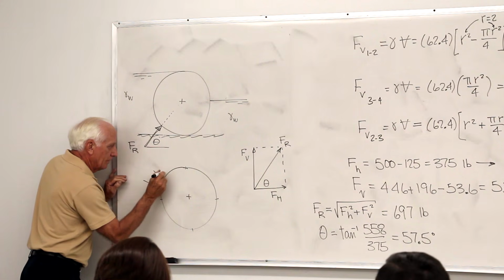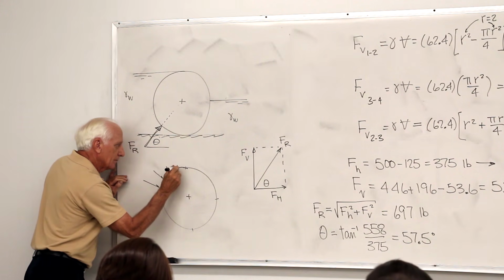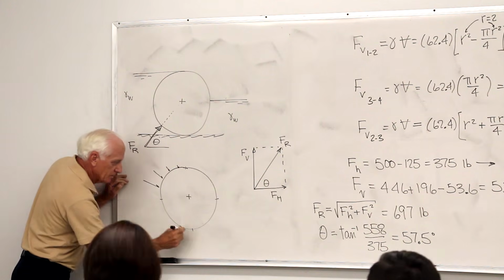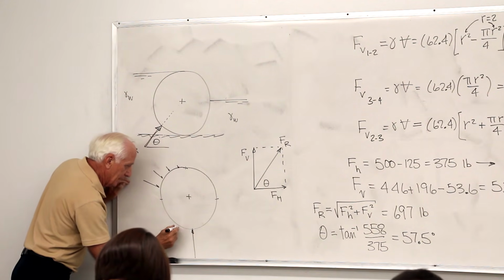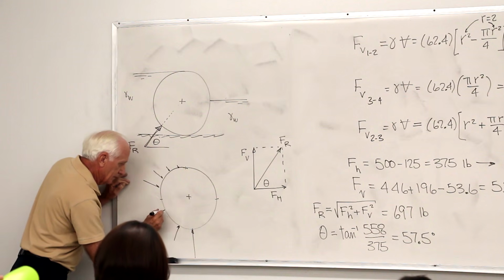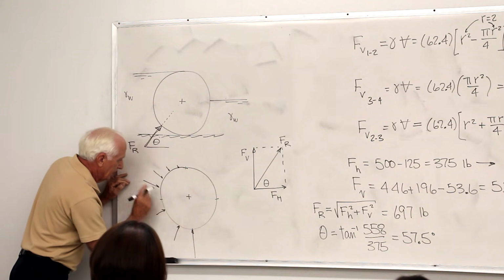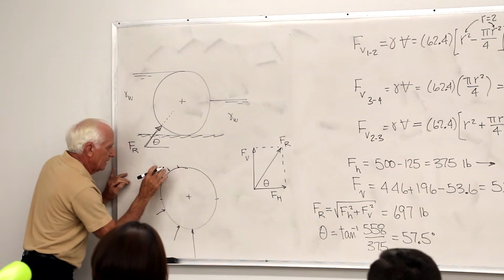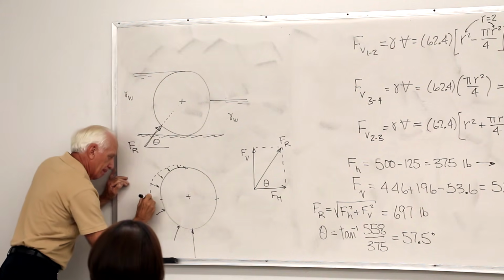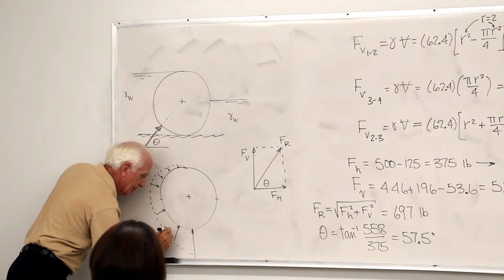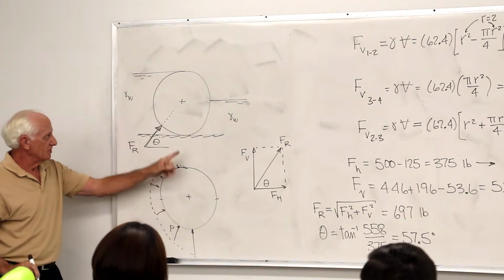Here are the different pressure forces going through the center. Where's the biggest pressure force? Oh, he's right down here. He's real big. And they get smaller, and smaller, and smaller. This is how the pressure forces look. The biggest pressure is where?